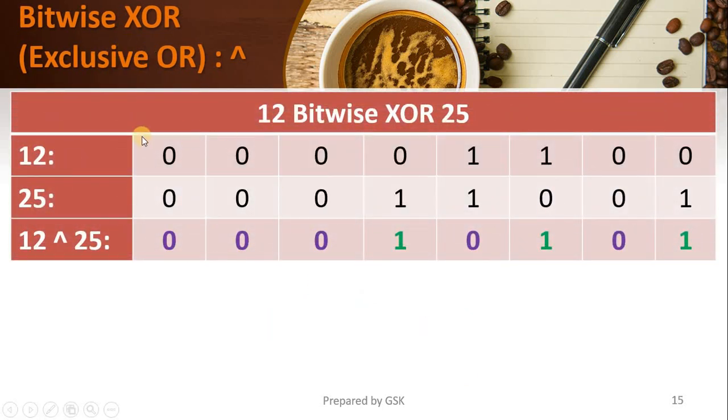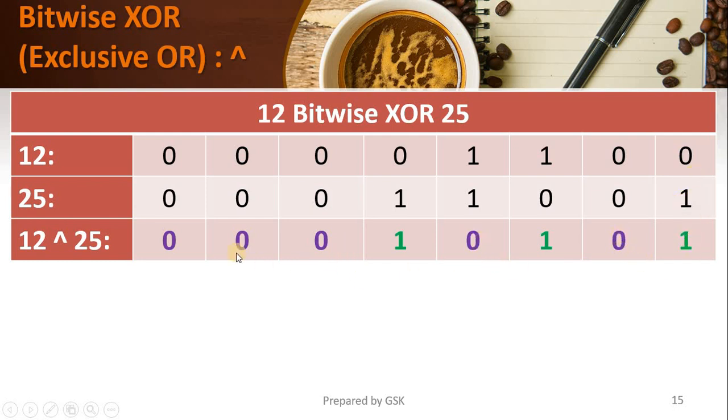Understand the bitwise exclusive OR with the same values, 12 and 25. Now the principle is, when you have opposite values, observe the green color, 1 0, 1 0, 1, opposite values, so the output is 1. Here also 0 1, opposite values, 1.